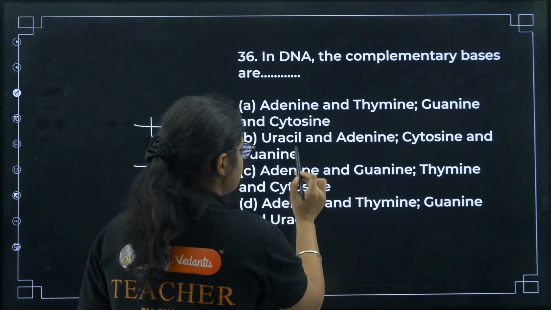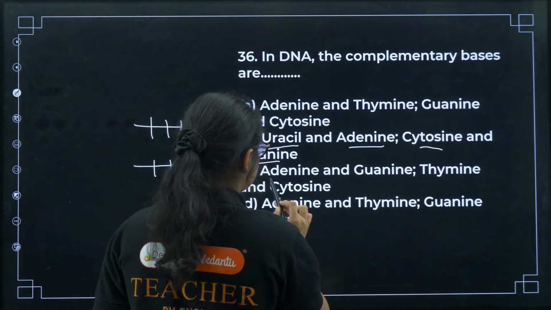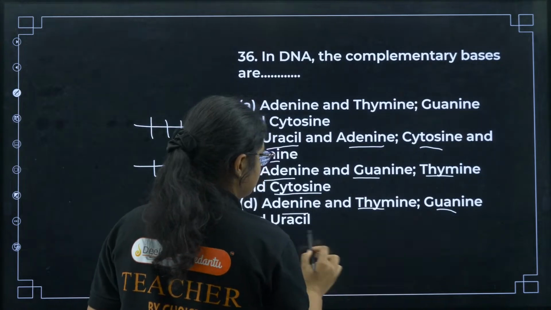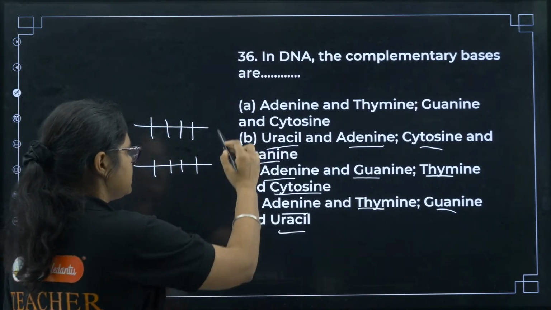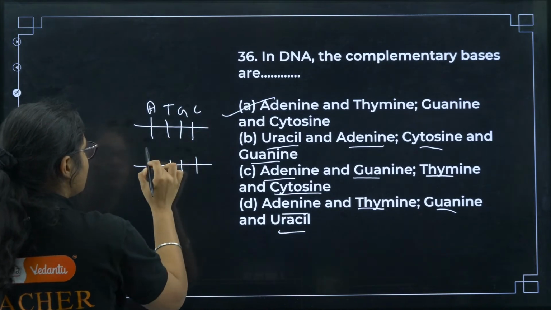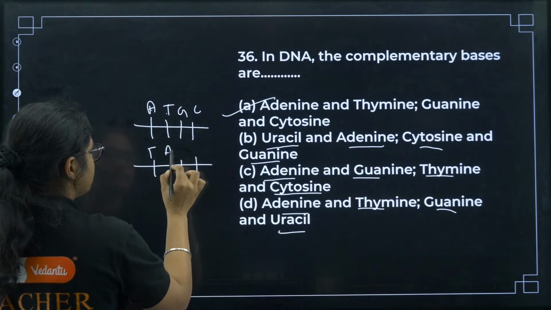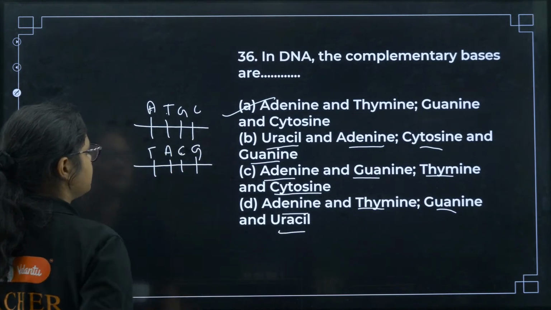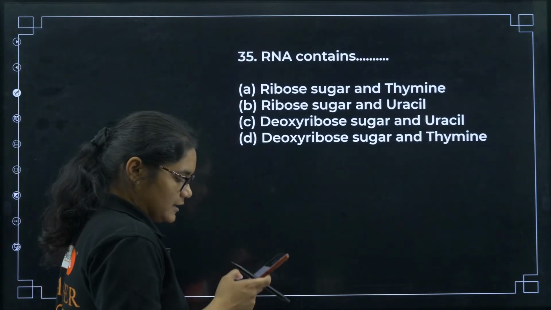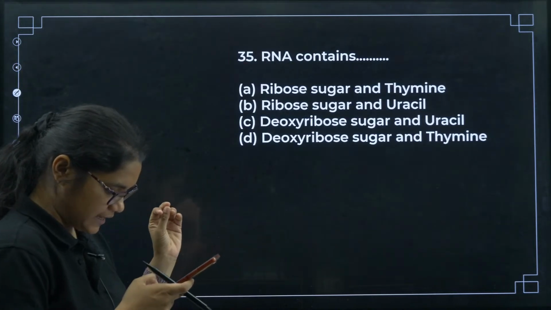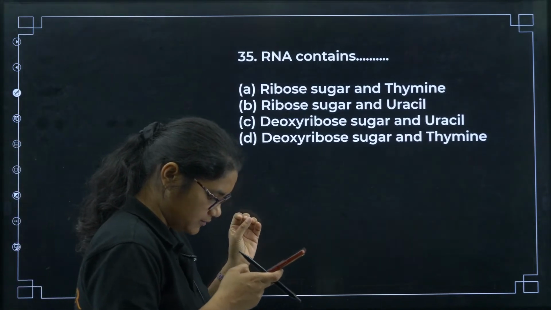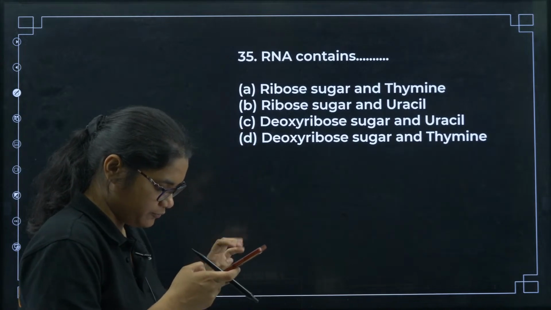A, T, G, C; U, A, C, U; C, G, A, G; or T, C, A, T, C, G and U. Yes, that is correct. Option number A. So A will always bind with T, T will always bind with A, G will bind with C and C will bind with G. Okay. So 36A is the correct answer, all of you. Rahman, Chidananda, Janvi, Teju, Dhanyashri, all of you are correct.